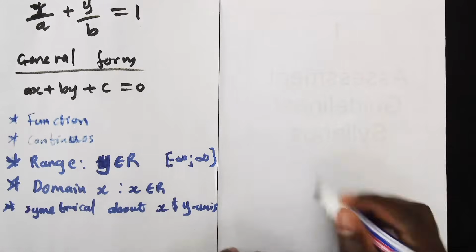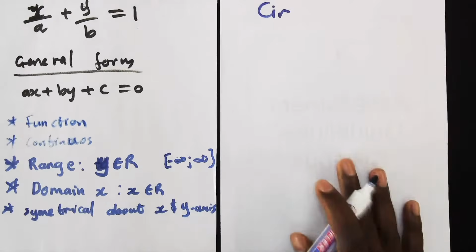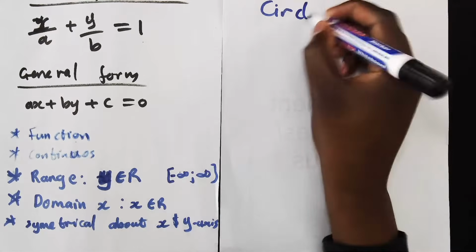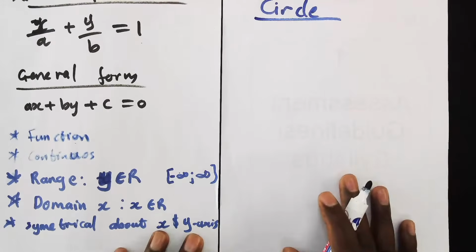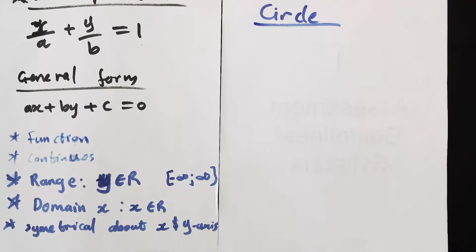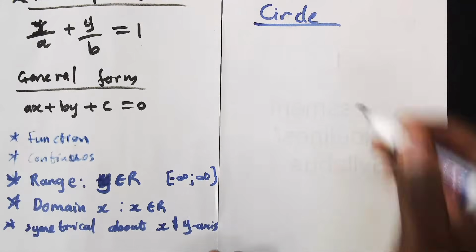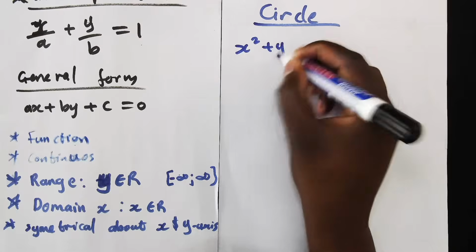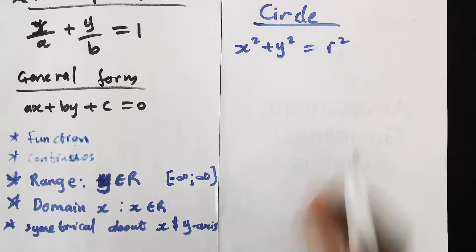Okay, I remembered. Let's quickly look into a circle graph. The general equation is given by x squared plus y squared equals r squared.